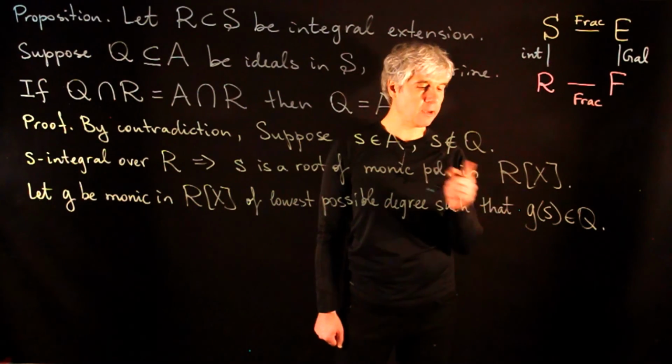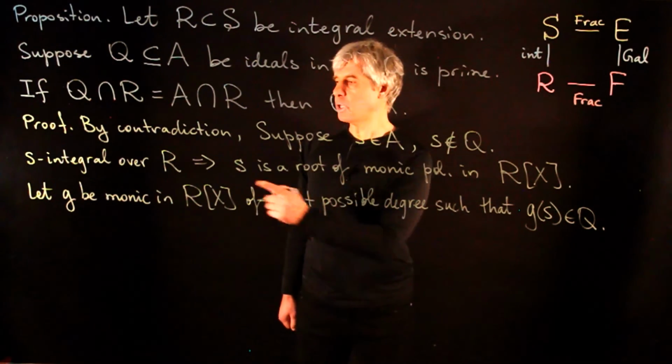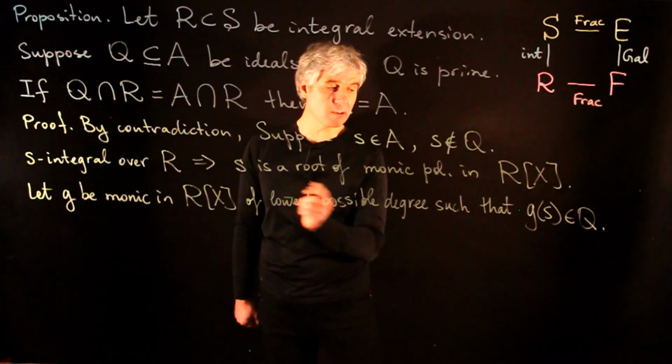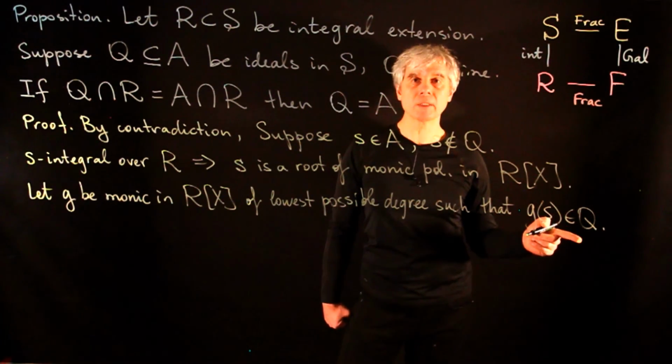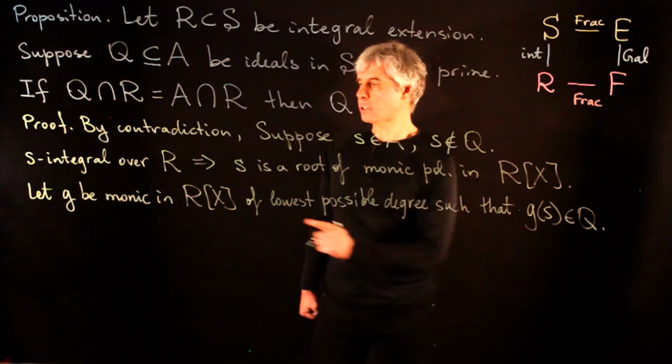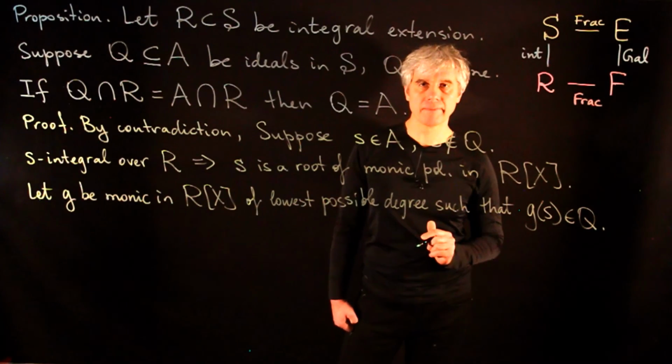So that is f(s) will be 0. But perhaps there is a monic polynomial of even lower degree such that g(s) is not necessarily 0 but in Q. And we choose g to be such a polynomial of the lowest possible degree.